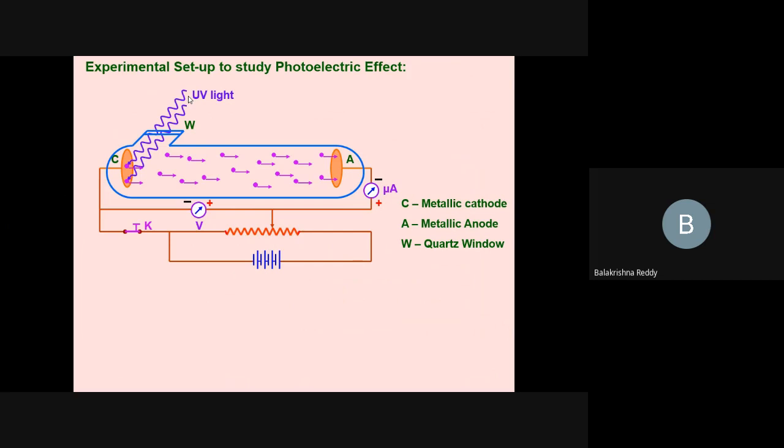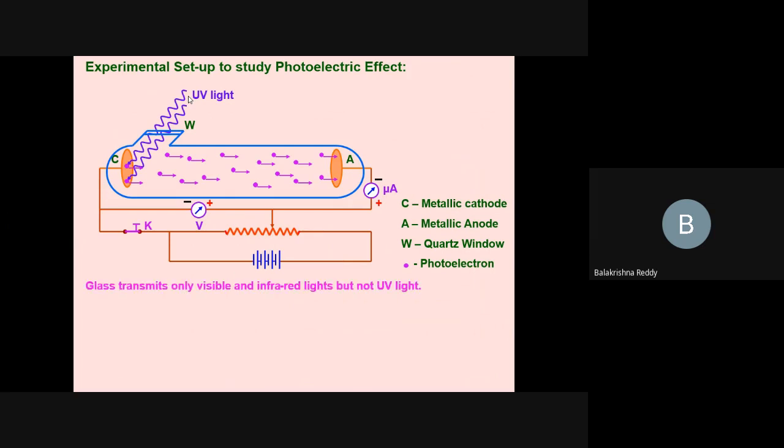The cathode releases the electrons because of the UV light incident on the metallic surface. The UV light is nothing but light, which constitutes photon particles, but I'm not talking about the photon particle itself now, it's light I am concerned with. Now you can see that the photoelectrons, which are the electrons emitted from the cathode, are moving towards the anode.